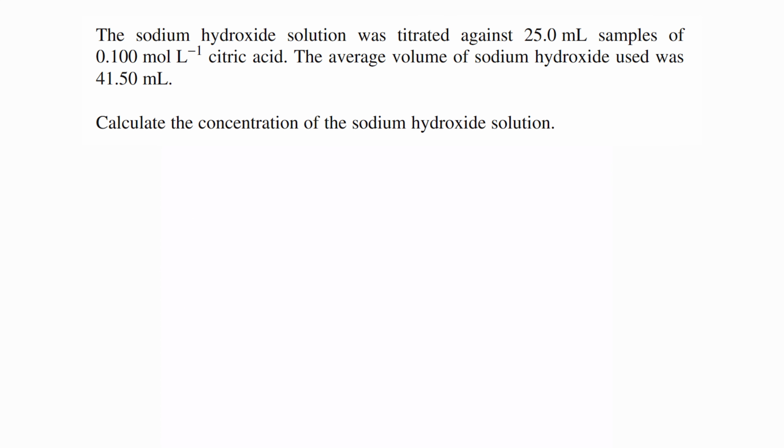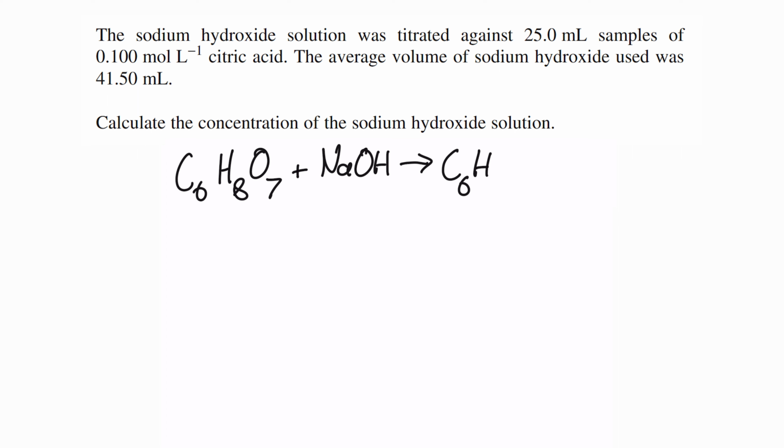So for the next question, again, we're going to write out the formula for the reaction between citric acid and sodium hydroxide. So the formula for citric acid is C6H8O7 plus sodium hydroxide will become C6H5O7Na3 plus H2O.